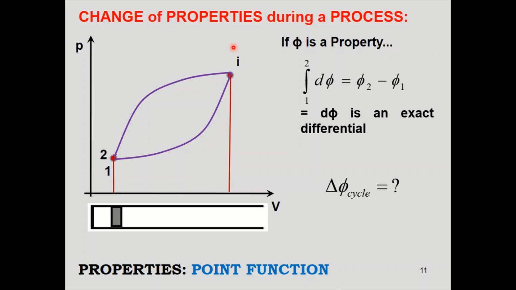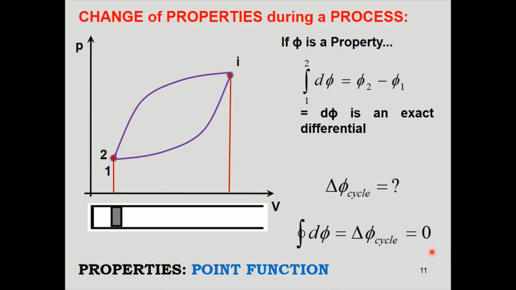So cyclic integral of d phi is del phi over the cycle, that is 0. That is cyclic integral, that will be used in case of a cyclic process. So cyclic integral of any property is 0.